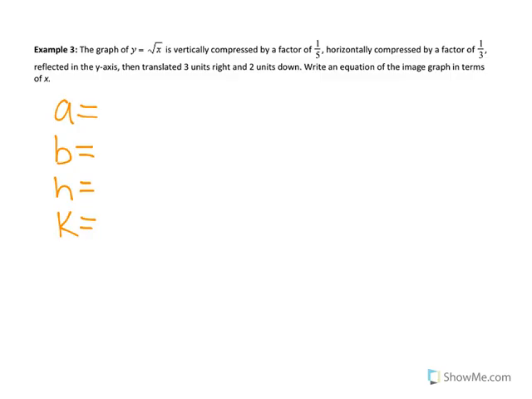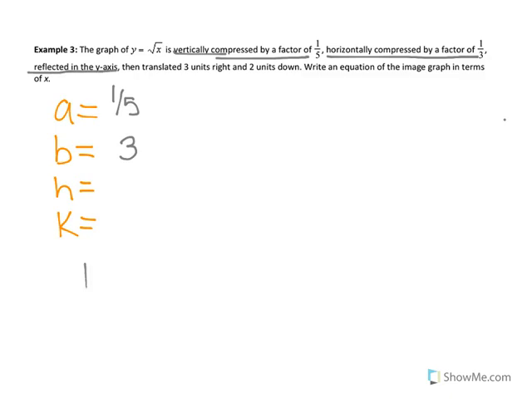So first off, if it is compressed by a factor of 1/5 vertically, that is our A value, so our A is 1/5. If it is horizontally compressed by a factor of 1/3, that means our B value is the reciprocal, which is 3.